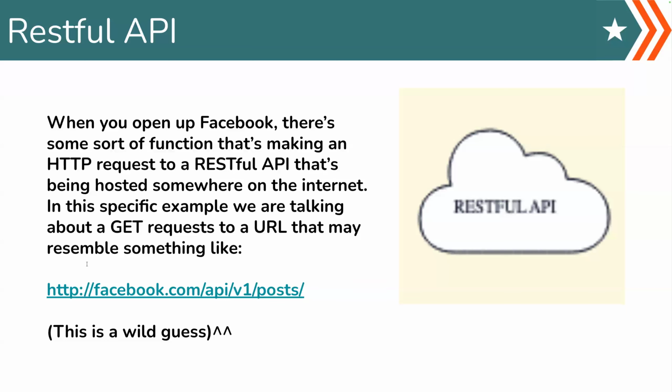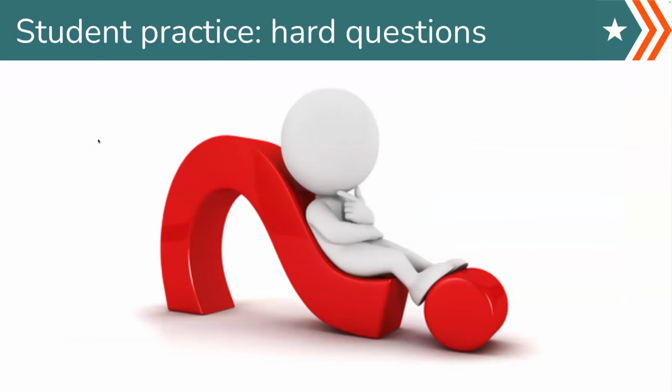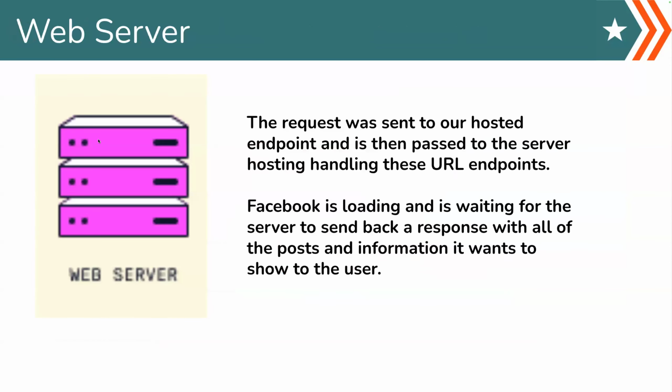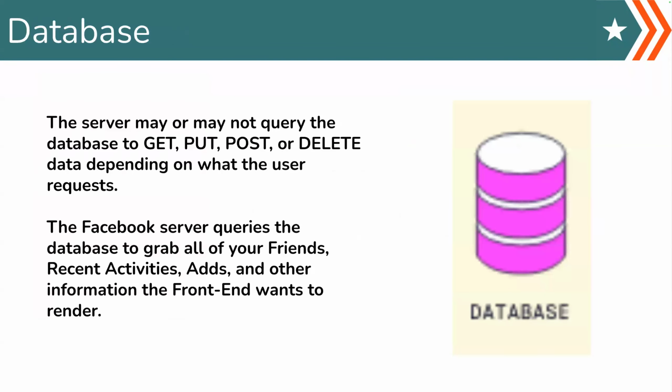There's a lot more to REST API design, but that's sort of the fundamental concept. Our Django server is what handles these HTTP requests at these URL endpoints, right? And then the browser or my phone is waiting for the server to send that response back with JSON data or with an HTML page or whatever it is. And then the browser or the client shows it to the user.